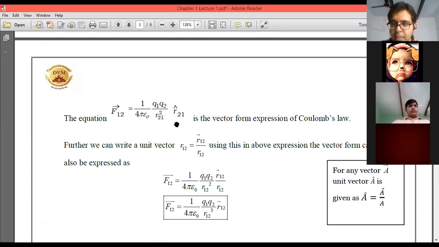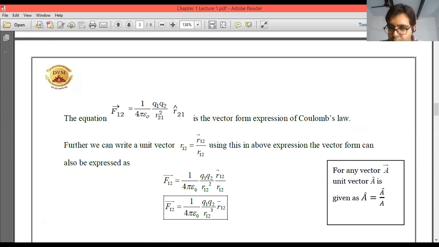We all know that a unit vector can be written as the vector divided by its magnitude. So in place of unit vector R21, we can write vector R12 divided by magnitude of R12.